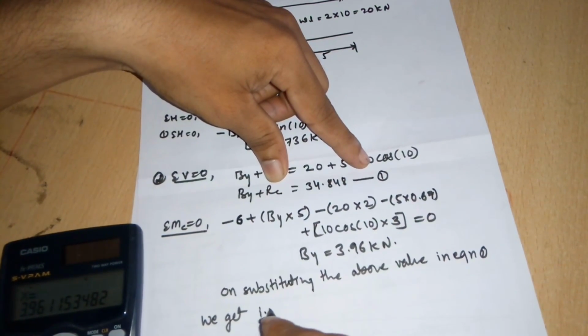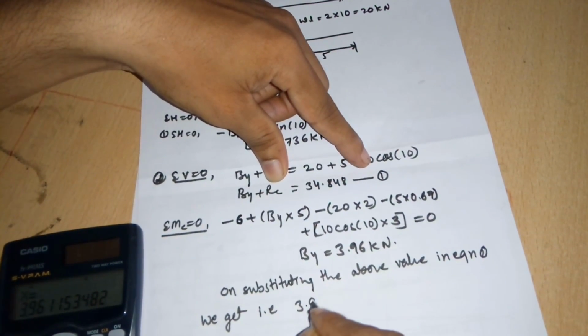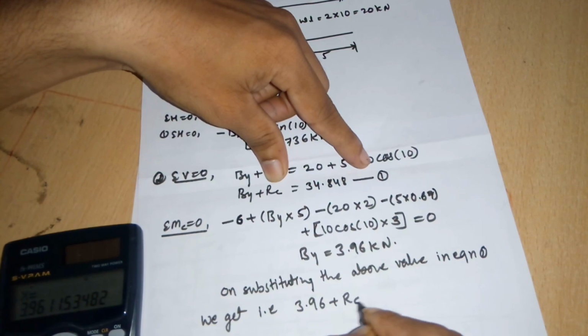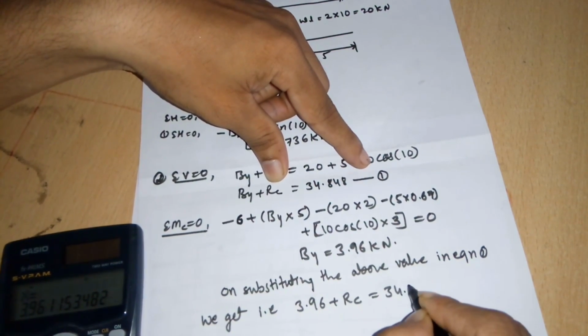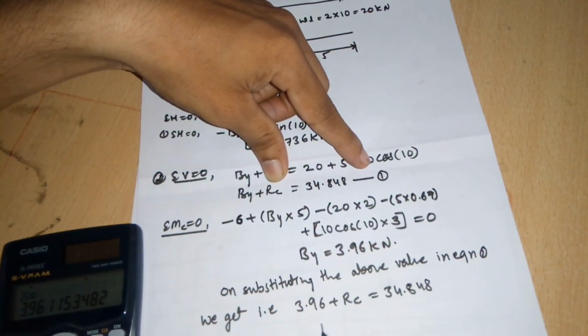We get 3.96 plus Rc is equal to 34.848. Rc is equal to 34.848 minus 3.96.